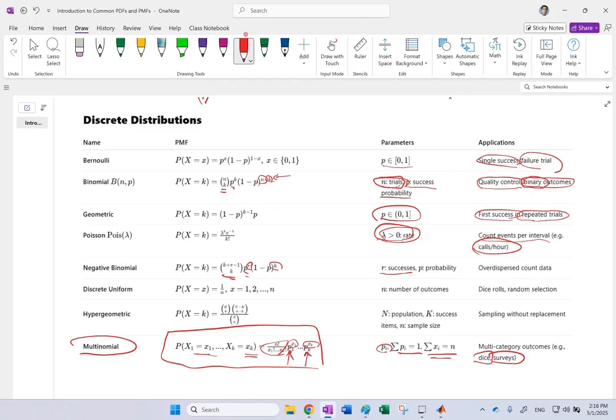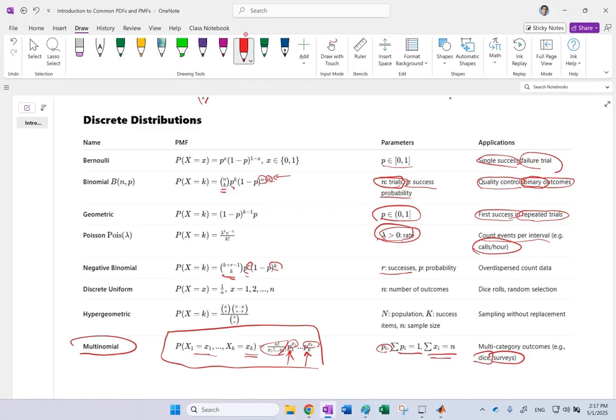Okay, so what is the difference? The difference is this. In binomial, we basically fix the number of trials. So let's say we want to throw a coin 10 times with the chance of a head of P and a tail of 1 minus P, and we want to know, if we wanted exactly 3 heads and 7 tails, what's the chance of that, correct?